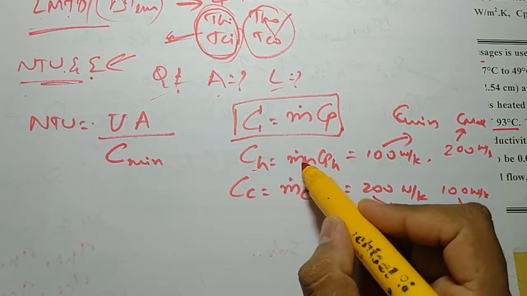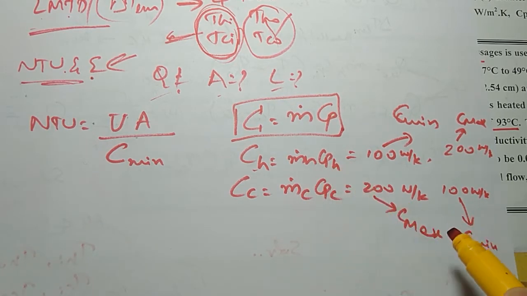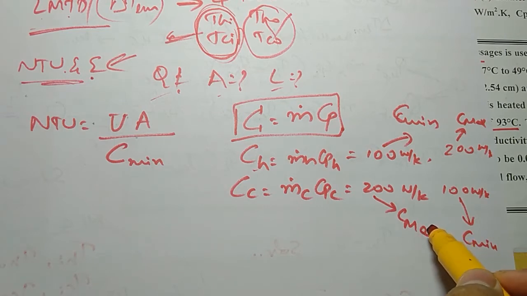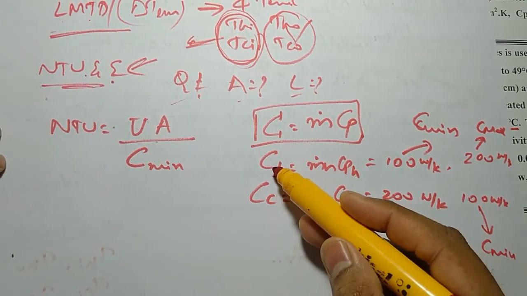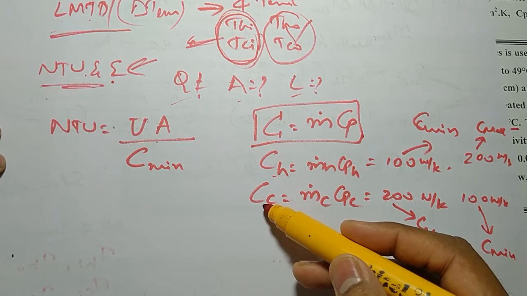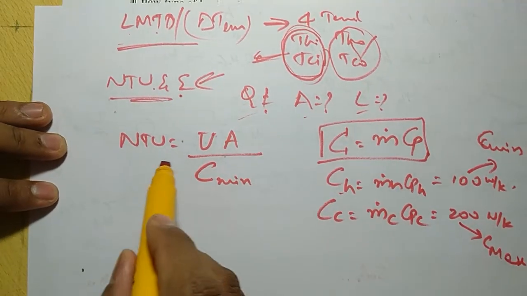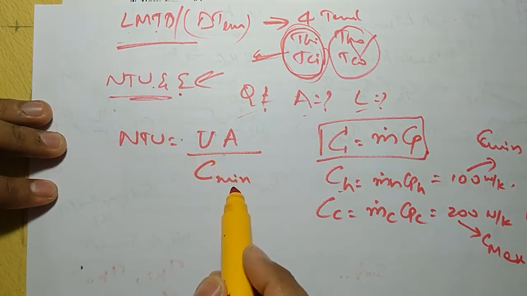Based on the values of these two products, we decide which one is the maximum and which is the minimum. C max may be CH or Cc, depending upon these values. Now NTU is equal to UA by C min.